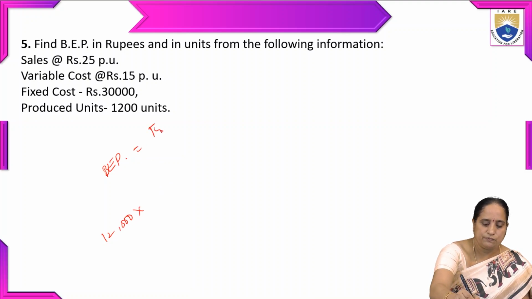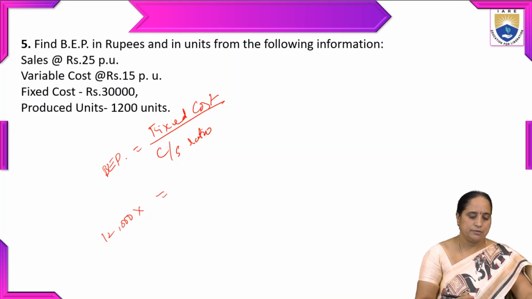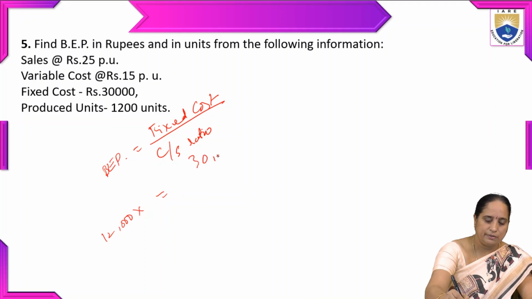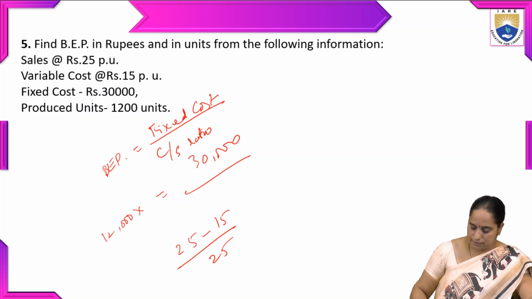So in this case, fixed cost divided by C by S ratio. Here fixed cost is 30,000 divided by C by S ratio. Contribution is selling price minus variable cost divided by selling price. If you divide that, we'll get BEP in rupees.